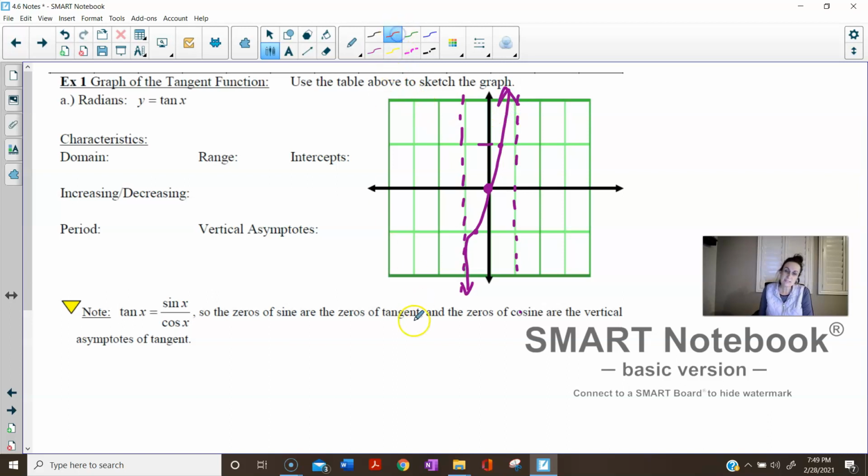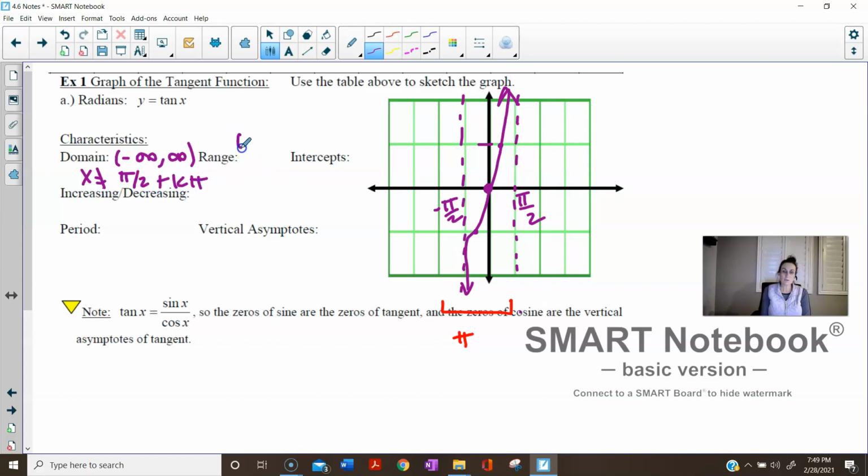The period of a tangent graph, where it starts and ends, is every pi units. So it has pi units for the period. This asymptote's at negative pi over 2, and this one's at positive pi over 2. So the domain is going to be all real numbers, except x cannot equal pi over 2 plus k pi.